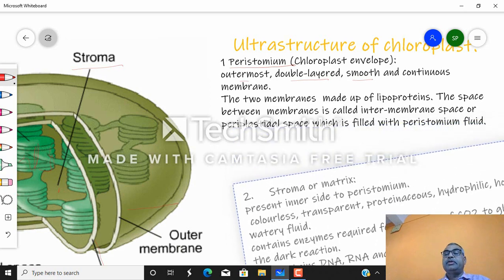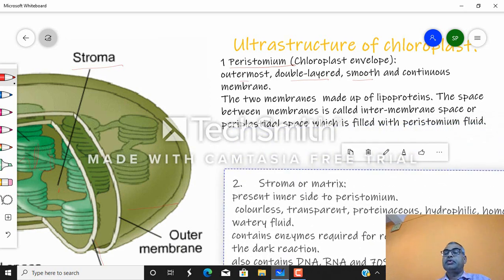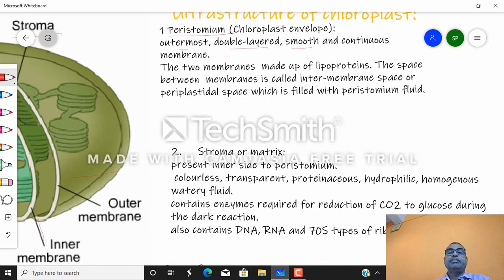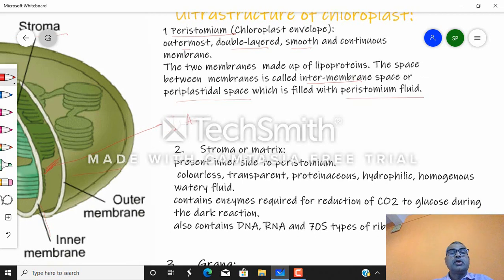Both the membranes are made of lipoproteins, and the space between the membranes is called the intermembrane space, also called the periplastidial space, which is filled with the peristomium fluid.